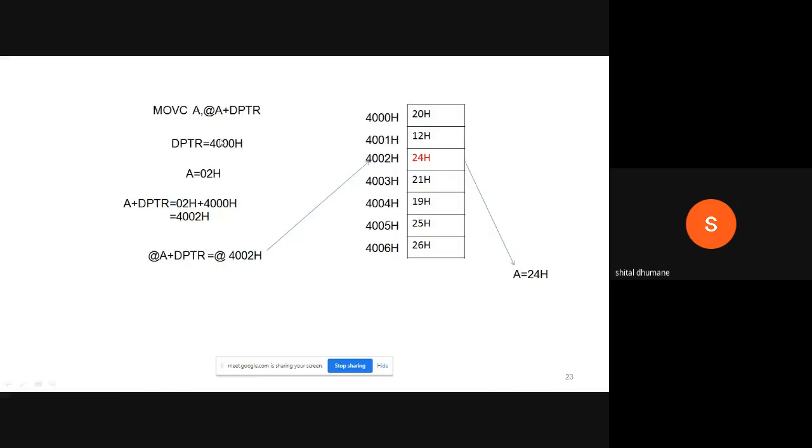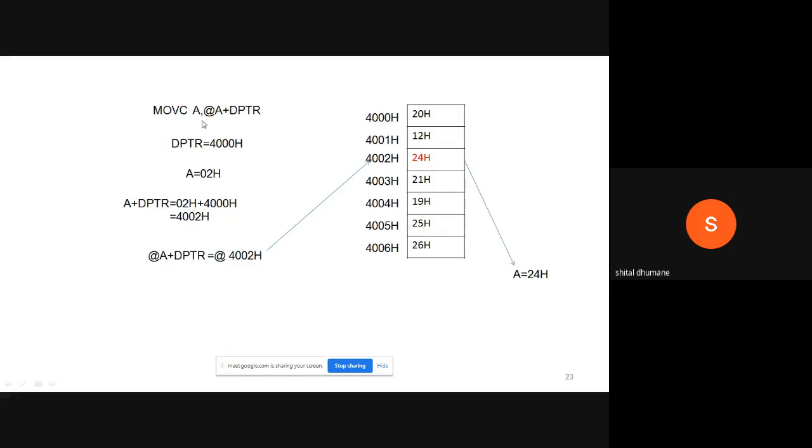So we can load the address of the memory location 4000H in DPTR. Here you see the memory locations, and the contents of the memory locations are shown here. Your DPTR is 4000, and suppose your accumulator is 02.